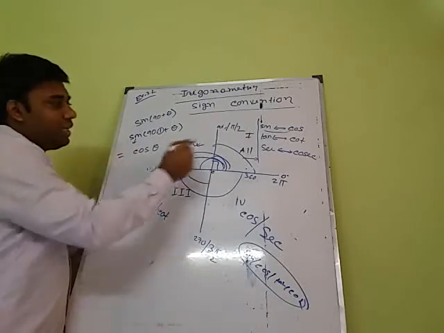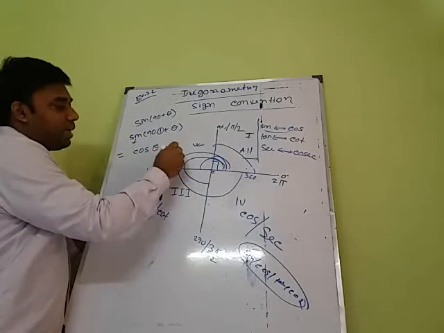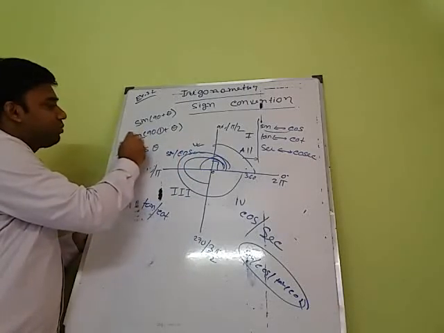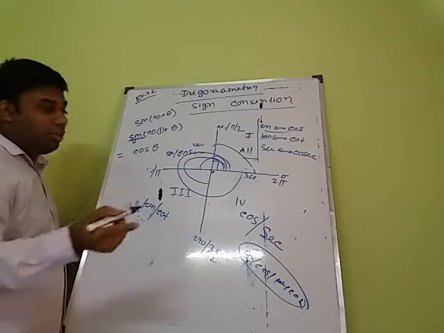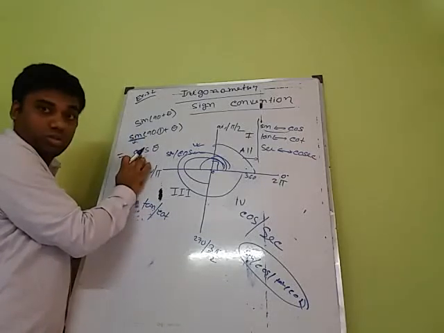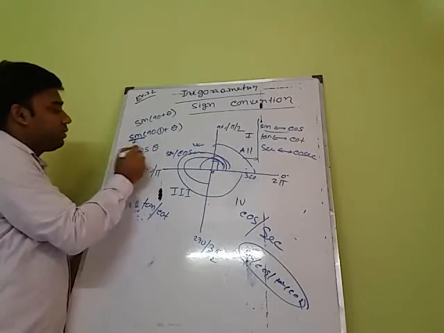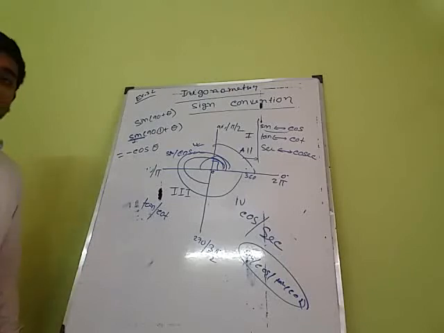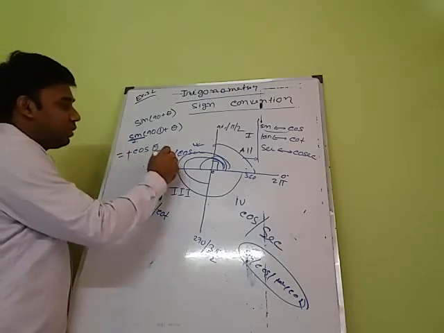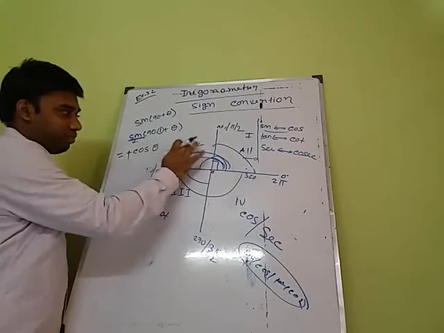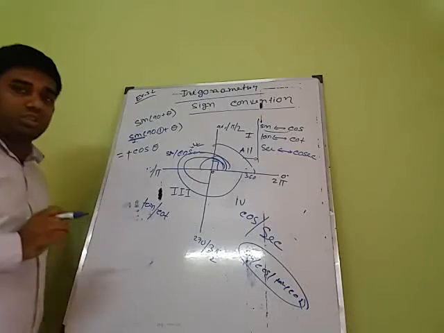According to our rule, in the second quadrant sine and cosec are positive. The sign is decided by what I have been given, that is sine, not cos. So sine of 90 degree plus theta is cos theta, positive, because sine and cosec are positive in the second quadrant.